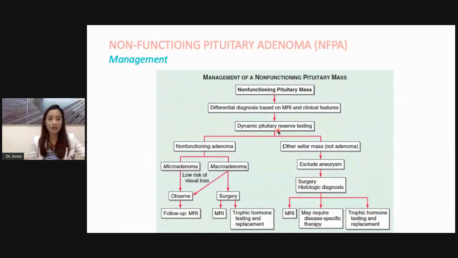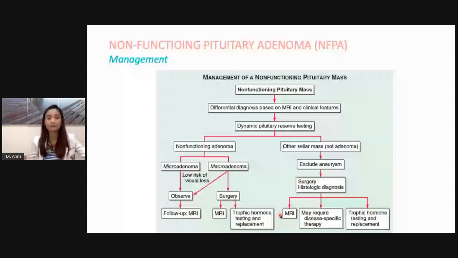So you check whether it's a microadenoma, less than 1 cm, or a macroadenoma, more than 1 cm, as the risk for visual field loss. If there is none, then you can just observe it, since the tumor is very small. But if it's a macroadenoma, we usually have to do surgery. And after the surgery, we test the pituitary hormones again to see if there were resulting hormonal deficiencies because of the surgery.